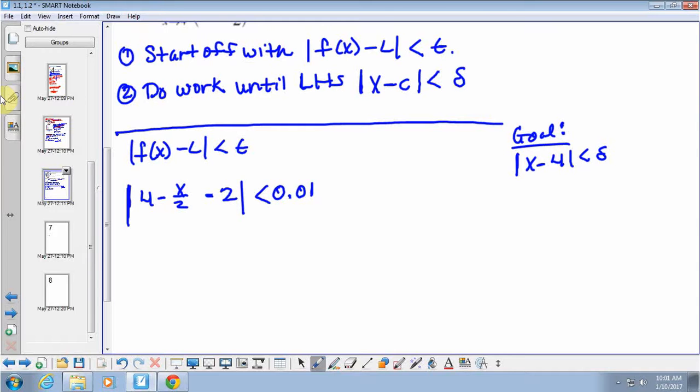Okay. All right. So I need to work with this until I get the absolute value of x minus 4. Well, let's see what we have going on here. Over here, we have what? 4 minus 2 is what? 2. Right? I just combined my constants. That's all I've done. And I need x.